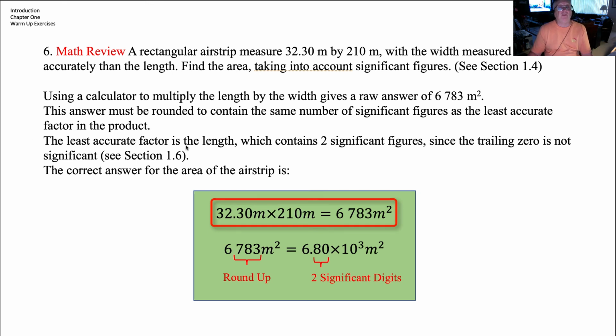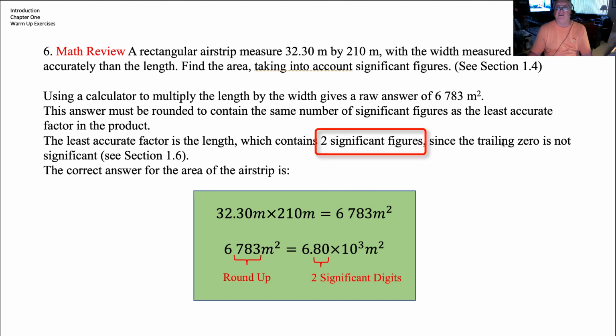The least accurate factor, the length, contains 2 significant figures, since the trailing 0 is not significant. So the correct answer for the airstrip is as such. That's what we calculated, 6,783 square meters. We look at rounding up and changing the answer to 2 significant figures.